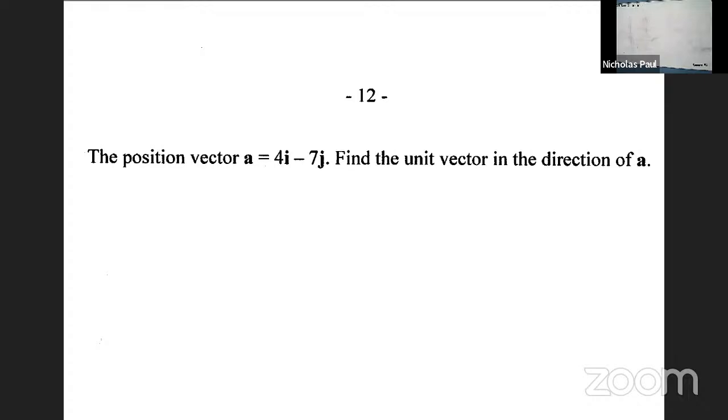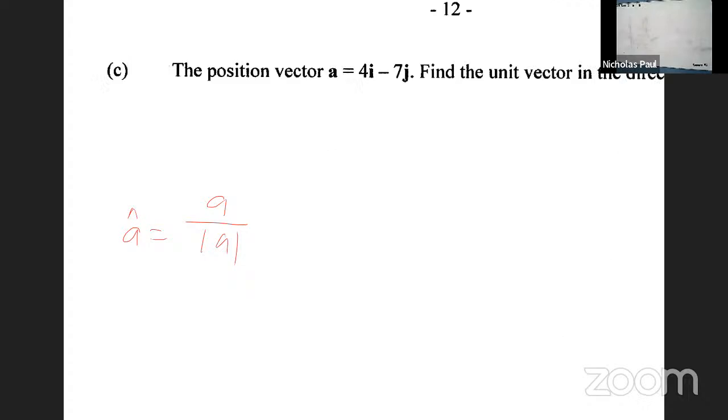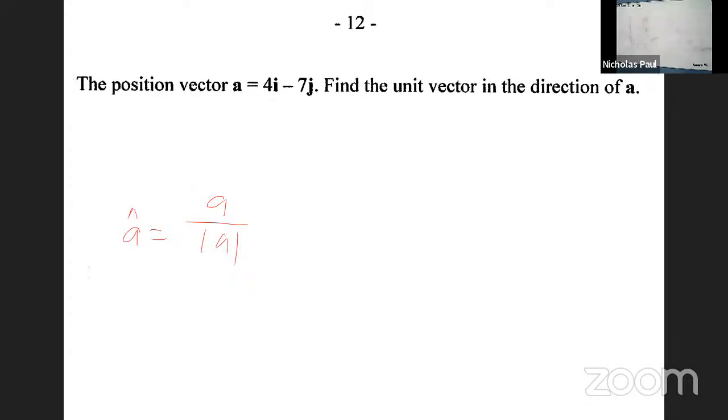It's called the magnitude, right? So the vector over its magnitude. Hurry up. And that's quick. Finish. Nice. So that's how you see how many marks there are. You get 2 marks there, you're good to go.